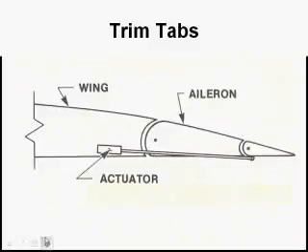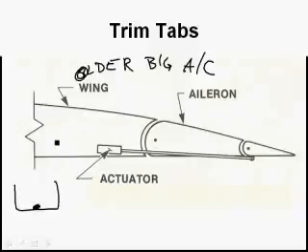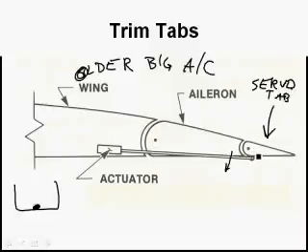A servo tab is kind of interesting. You're only going to find this on older, big aircraft. That's where, when you move the control wheel in the aircraft, you're actually moving the servo tab only. For instance, if you wanted to move the elevator into the down position and you push the control wheel forward, it would actually move the servo tab up.